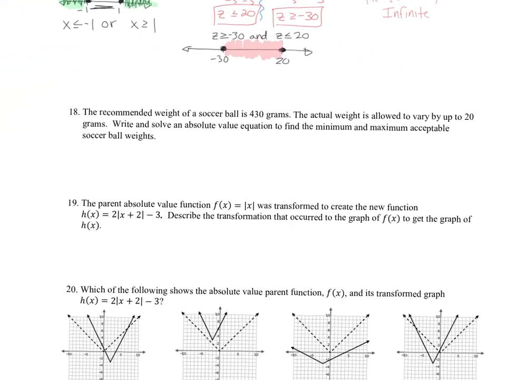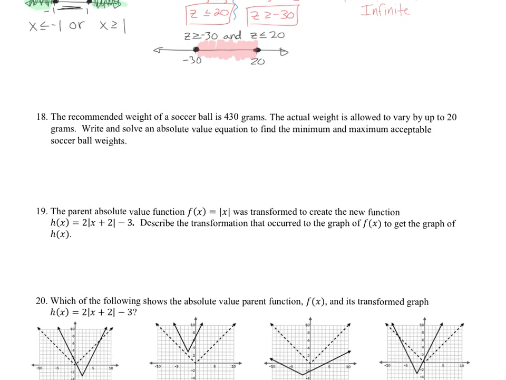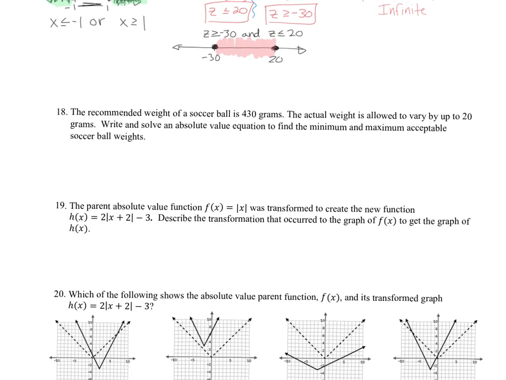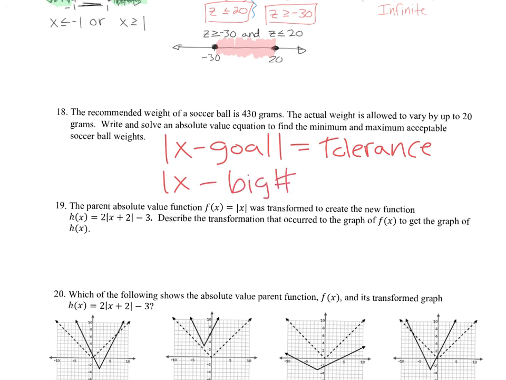Alrighty, this next one, finally, on to number 18, and then we're good. So for number 18, ladies and gentlemen, this is the tolerance equation. Remember, the equation for tolerance is x minus your goal is equal to your tolerance. Another way of thinking about it is x minus the big number is equal to the small number. Okay?